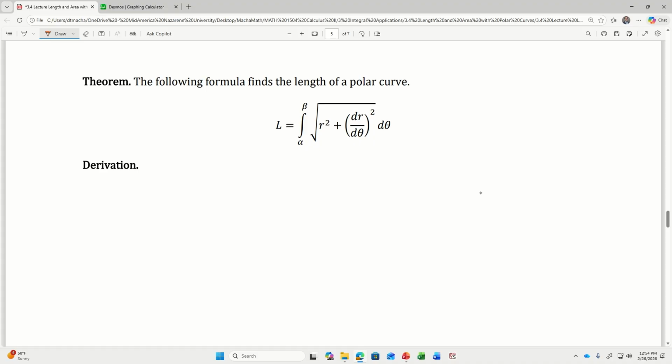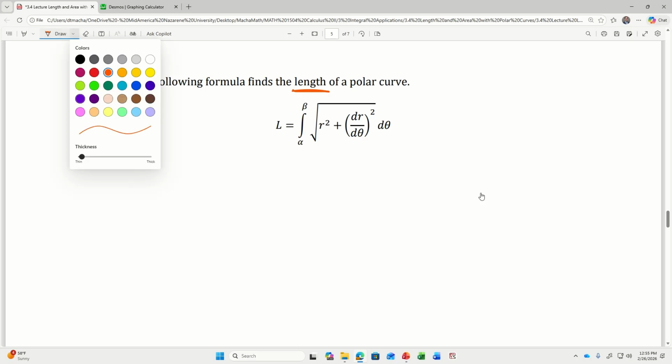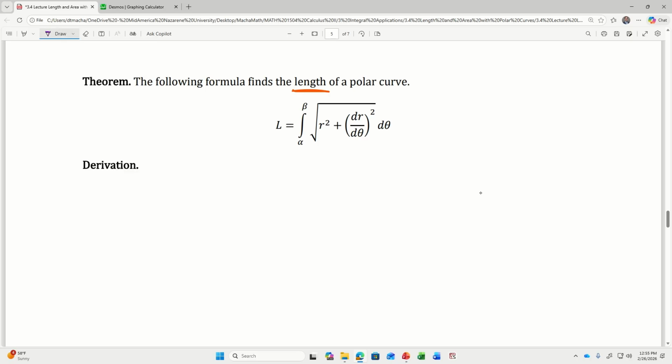What if I have a curve defined with polar variables, and I want to find the length of that curve? Well, we already derived a formula for the length of a parametric curve. If I had a parametric curve, the way we found the length is we had an integral from a to b, and by the way, a and b were supposed to be the lower bound and upper bound of my parameter t.